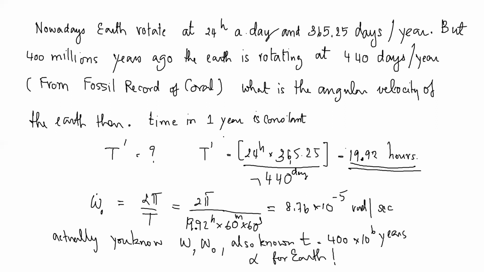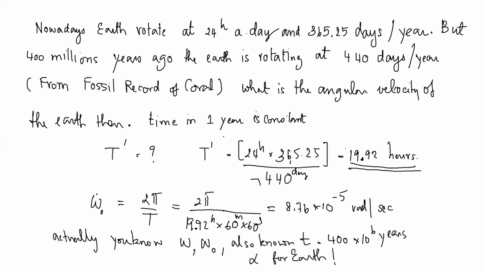So in the Devonian, 400 million years ago, one period of rotation of the Earth is only 19.92 hours, or approximately 20 hours. It is 4 hours shorter than today.